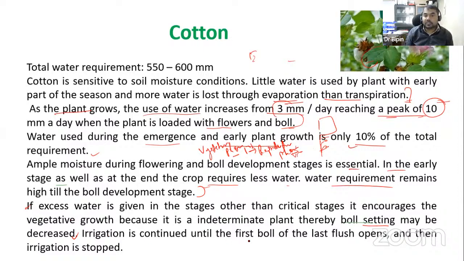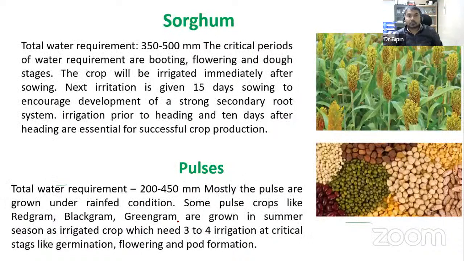Irrigation is continued until the first ball of the last picking opens, and then irrigation is stopped. You should not mix, because this is an indeterminate crop, so at the time of flowering the vegetative stage will again continue in cotton. So if you apply excess water, there will be a problem.